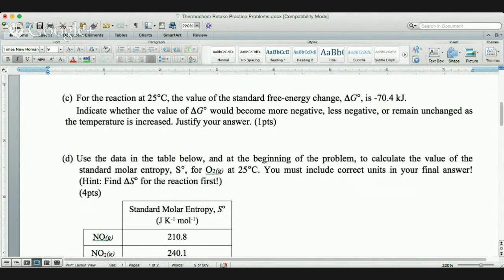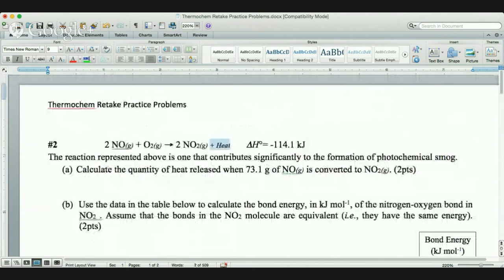So we've increased temperature, which means it's going to want to go backwards. It's going to want to go back towards the reactants to establish equilibrium. Which means it's not going towards the products, but back towards the reactants.